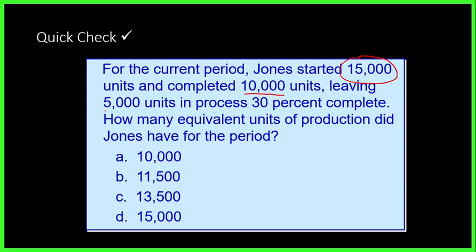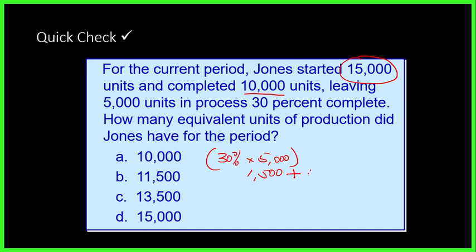These are your work in process, and they are 30% complete. So it's as good as completing 30% of 5,000 units. What is 30% of 5,000? That is 1,500.